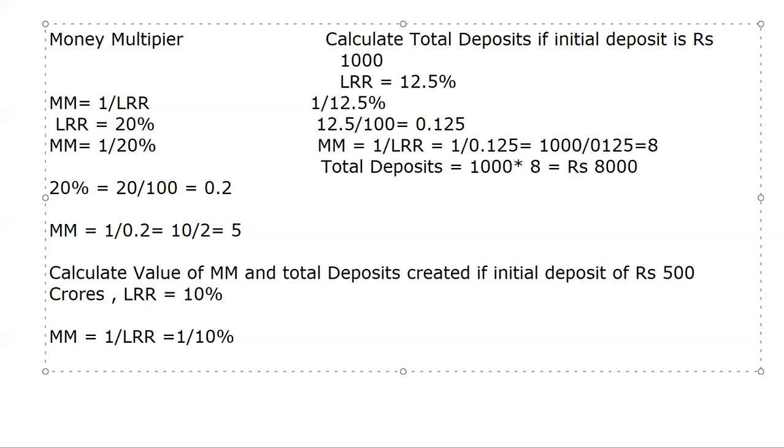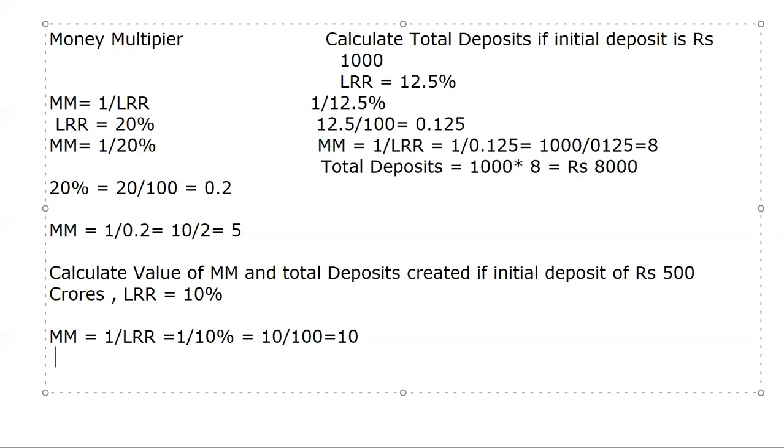First of all, simplify 10%. 10 upon 100. So it would be equal to 10. Okay. Just calculate each and every one. And the initial deposit has been given. In short, I'm writing this ID.